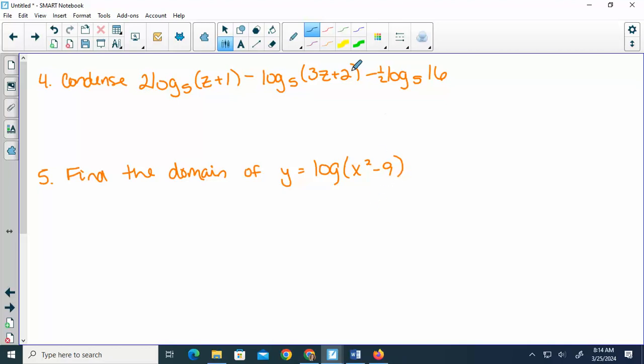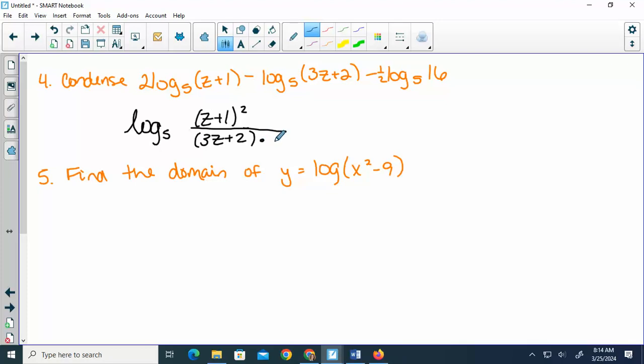If I'm asking you to condense a log, that means we have to put it back together. This 2 would turn into an exponent, so that would be (z plus 1) squared. Minus means divide by the 3z plus 2. Minus means that would go on the bottom.